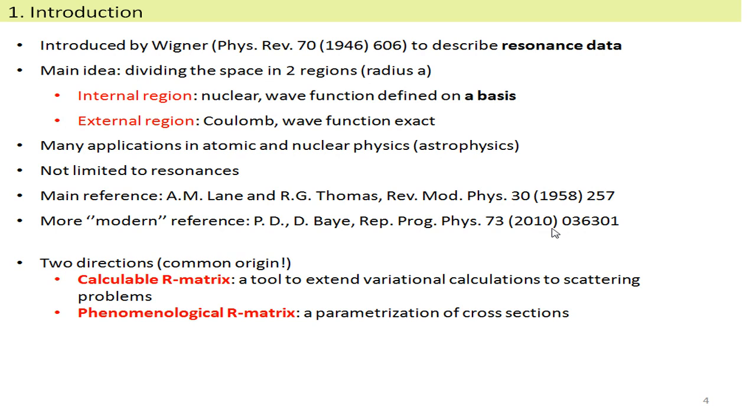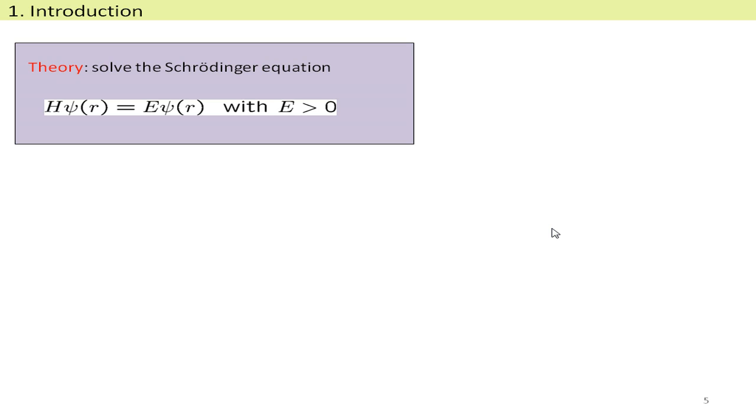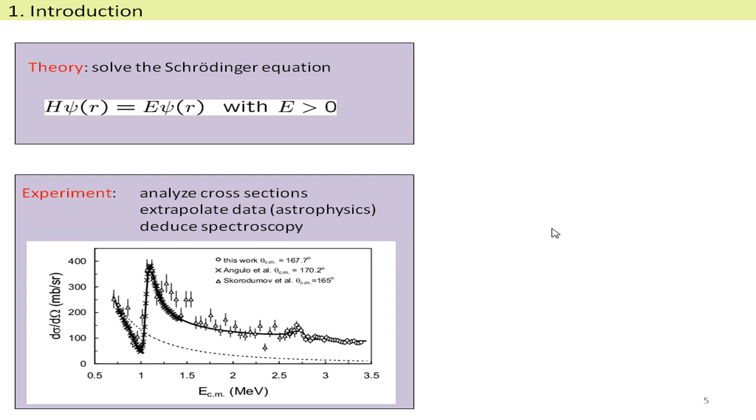So as I said, there are two directions of the R-matrix with a common origin. The calculable R-matrix, where you extend variational calculation to scattering problems, and the phenomenological variant, where you want to parameterize the cross-section. So this is shown here also, the two situations.